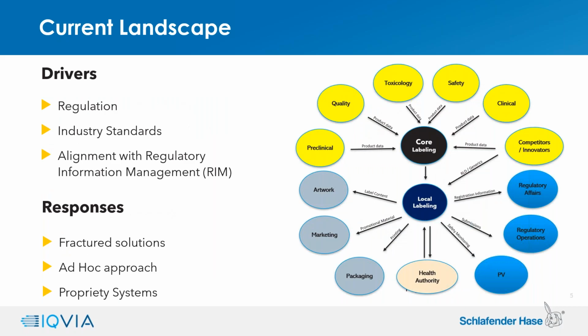So what's driving the current landscape of labeling? I mean, why are we at this state of a complex web of interconnections and handoffs within labeling?